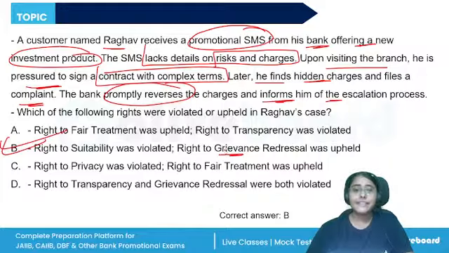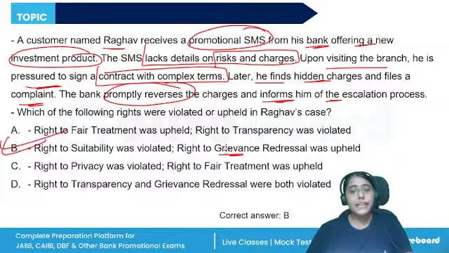What are the rights given to the customers under this code? Right to fair treatment. The customer will not be discriminated on the basis of age, race, gender, marital status, religion, or disability. Right to transparency, timely, adequate information in one or more languages that the customers understand through SMS, email, right?